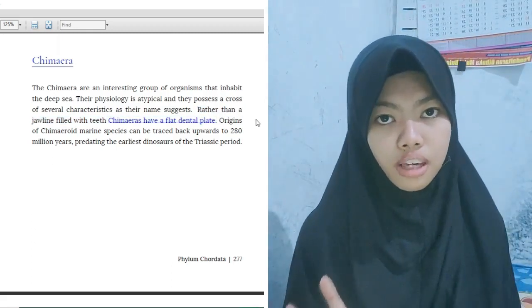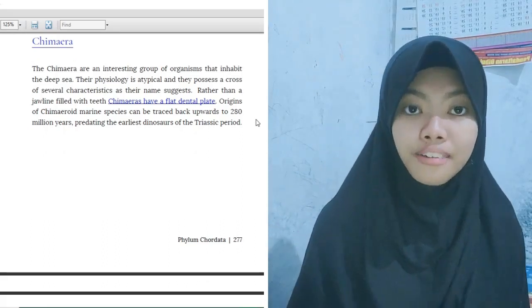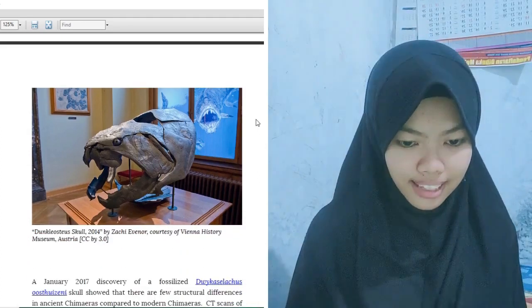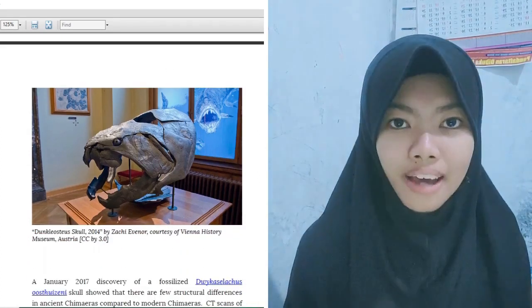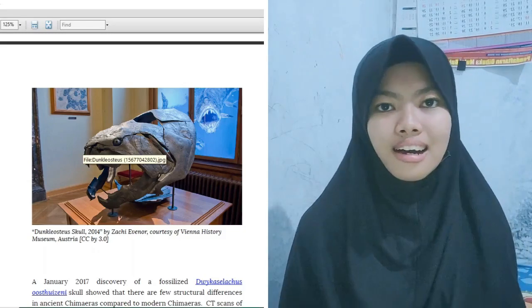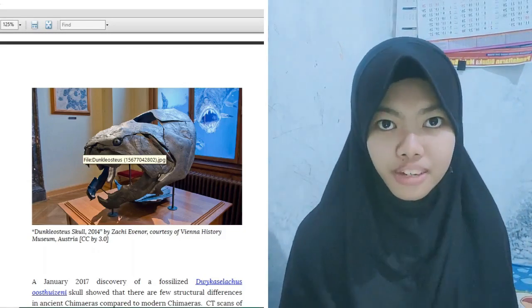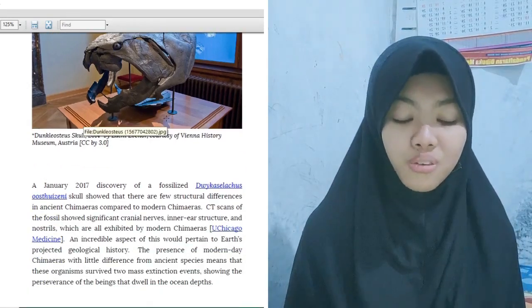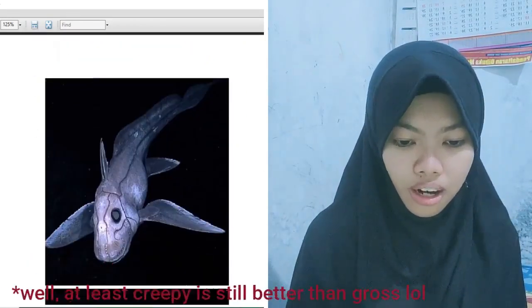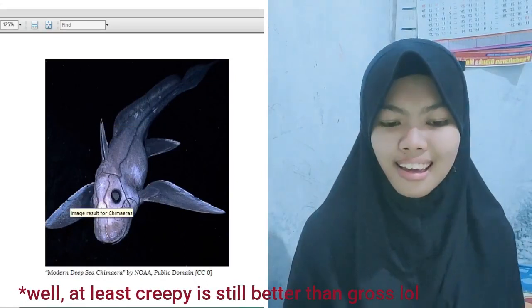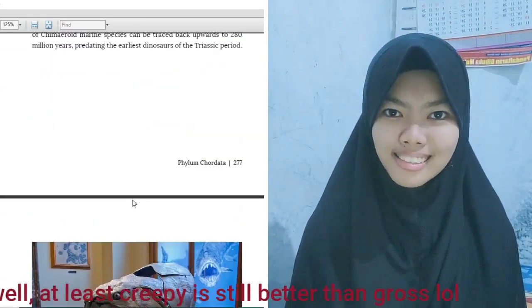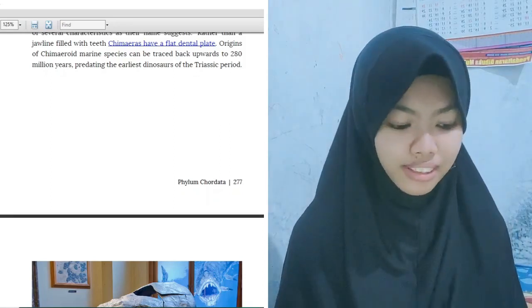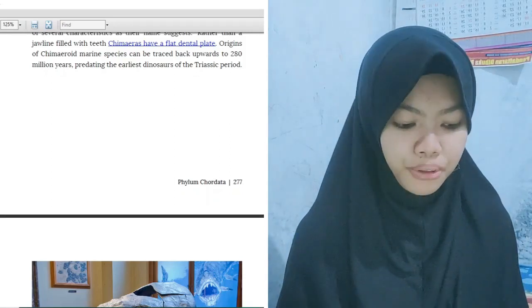What is the chimera like? But fortunately it provides us with a picture like this. Oh, so I know that chimera is a creepy fish from the bottom of the ocean. Ta-da! It's really creepy, isn't it? So that's why pictures here really help me to understand this book.